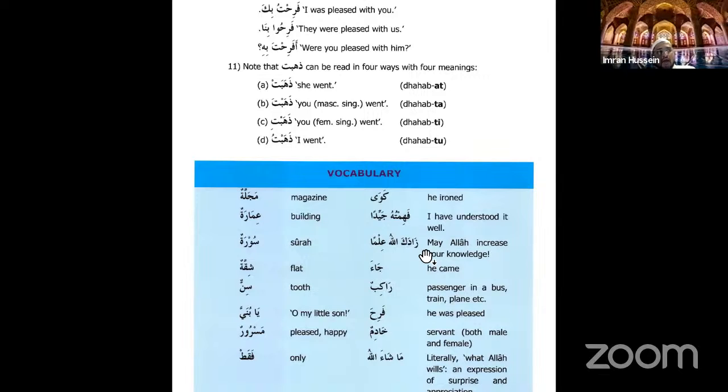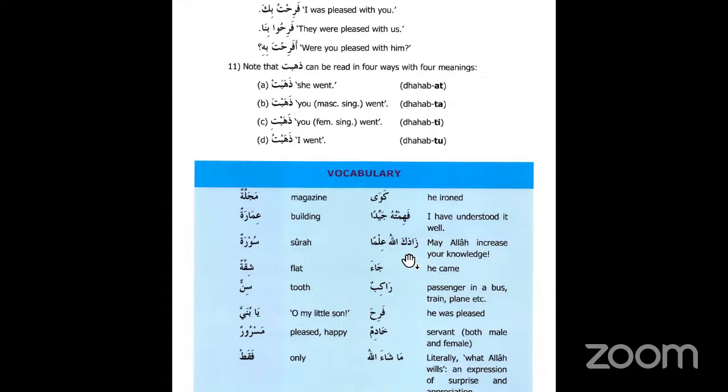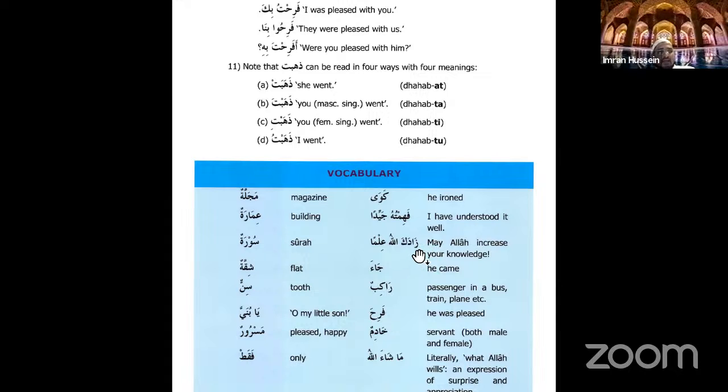When you do dua with Rabbi Zidni ilman, that's an amr, a dua in imperative form. Rabbi Zidni, increase for me what? Ilman. Both of them mean this; one is the past tense, and the other is present tense, imperative.